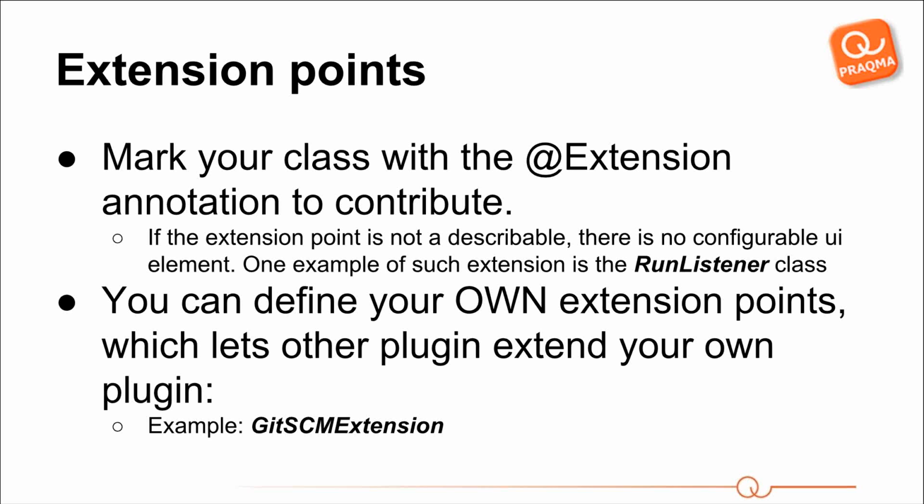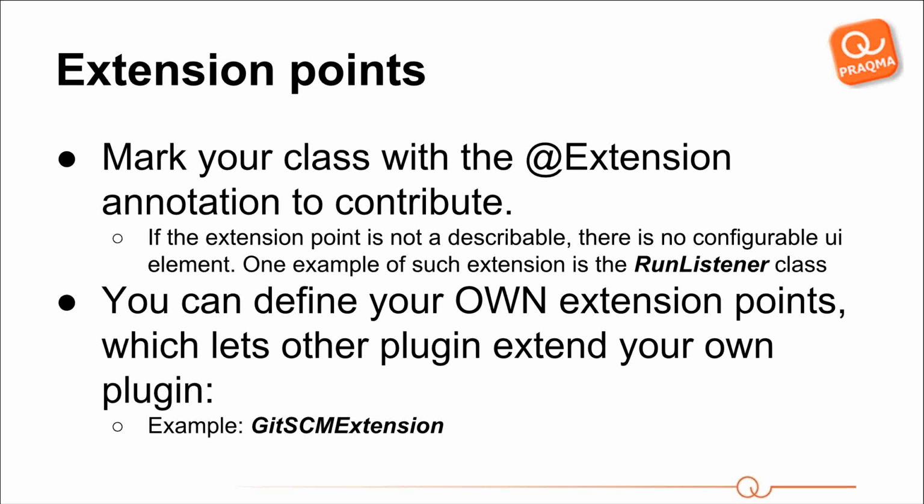And the cool thing about this structure and architecture is that you can actually have your own plugin implement its own extension point. So, for example, we have the Git plugin, which is part of the standard library on Jenkins CI. This plugin is designed in such a way that the author has created a list of special behaviors you can attribute to your plugin, and he has made that an extension point.